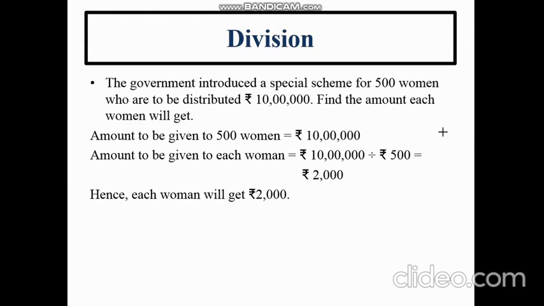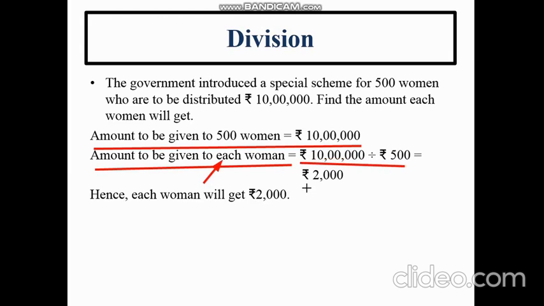As I told you, we'll first jot down the details given. Amount to be given to 500 women is rupees 10 lakh, and amount to be given to each woman is unknown. As you can see, it is being subtracted continuously, so we will divide it by 500. What is one woman getting? Each means 1. So, each woman is getting rupees 2,000.